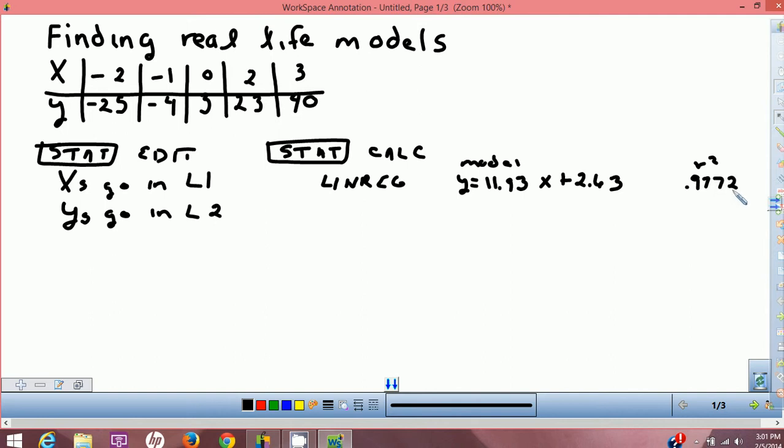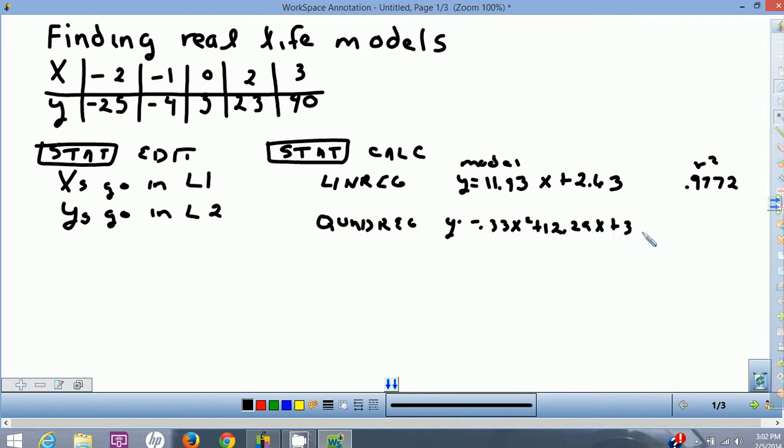All right, I'm going to leave my same set of data in there, and I'm going to find a quadratic model. So I'm going to do QuadReg. Next one down on the calculator. Remember, I've got to go Stat, Calc, and then QuadReg. And it's going to give me this model. It's going to say y equals -0.33x squared plus 12.29x plus 3.68.